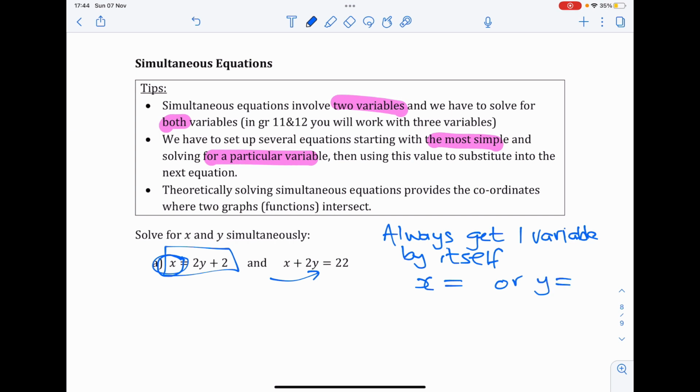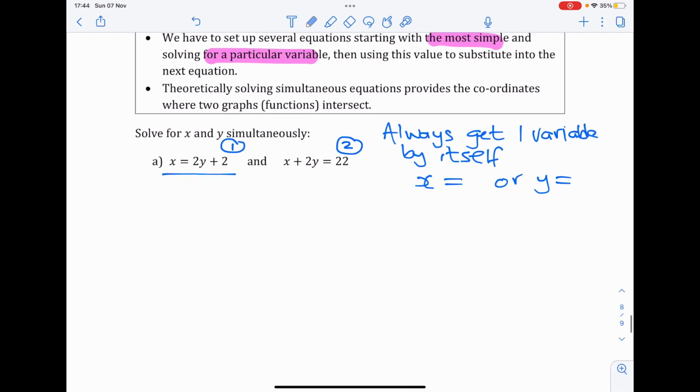We then make that equation 1, the one that we solved for x equals or y equals. The other equation becomes equation 2, and I like to label them, so I'd recommend you do that as well. Then we tell our marker we're going to substitute equation 1 into equation 2.